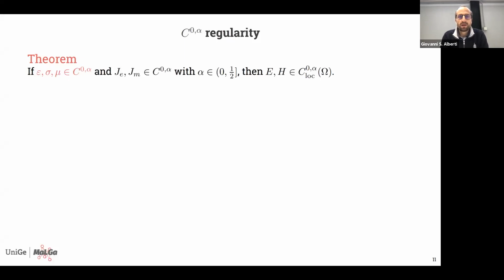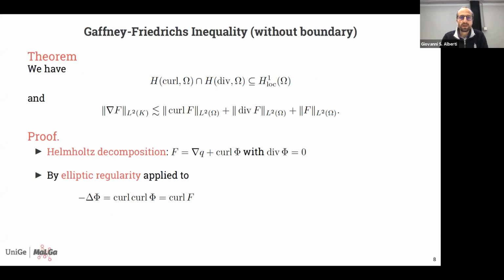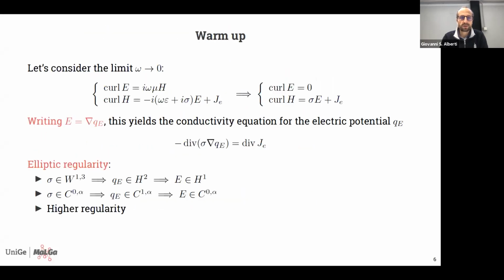So in this case, what I assume is that the coefficients are in C0 alpha and the sources are in C0 alpha. I want to obtain the solutions in C0 alpha. Note that if you recall, let me see if I can go back rather quickly. Note that these are exactly the assumptions I made here in the zero frequency case.